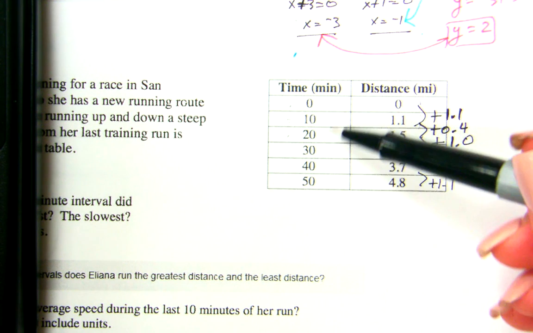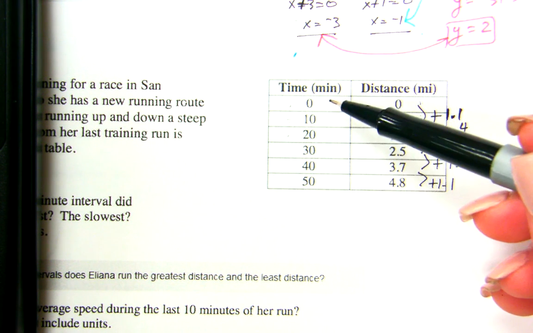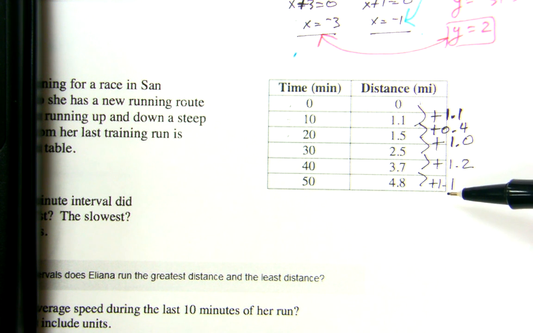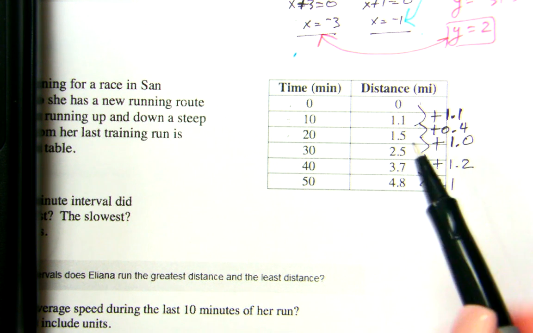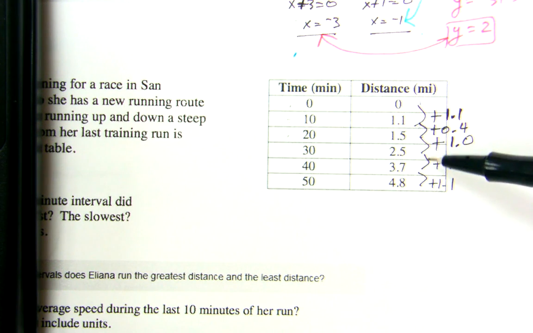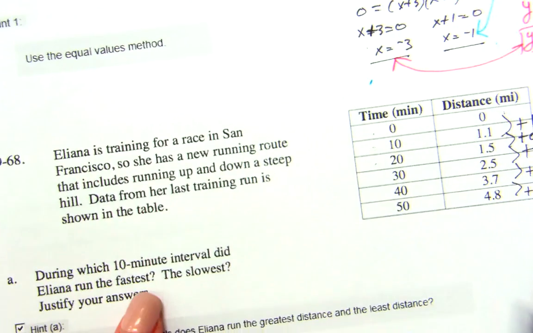So every 10 minutes she's gone a different distance. What was the fastest rate and what was the slowest? The fastest rate was the increase between 30 and 40, where she went up 1.2 during that time.